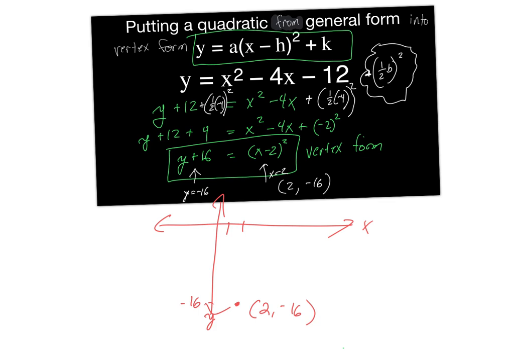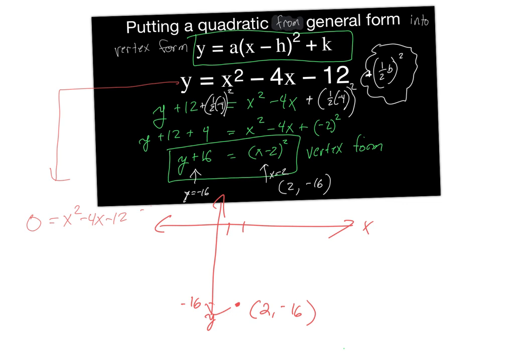What we've been doing all along is saying, well, what makes this 0? 0 equals x squared minus 4x minus 12. What two numbers multiply to negative 12? I've got negative 6, positive 2, negative 4, positive 3, negative 1, positive 12, and then back and forth.